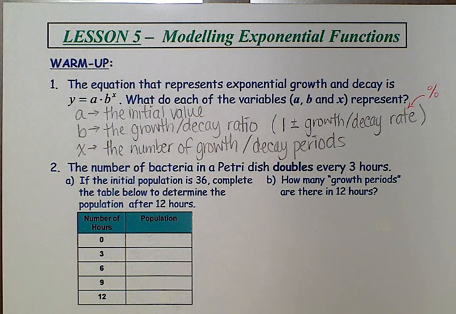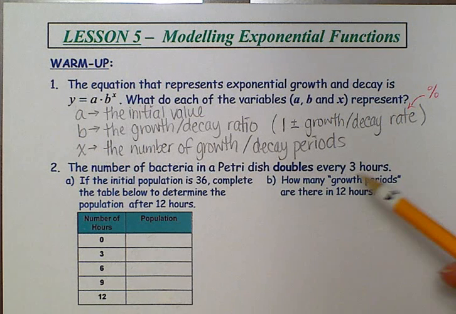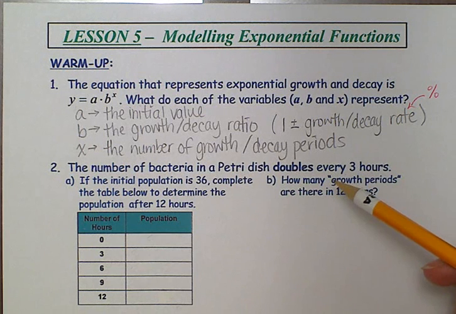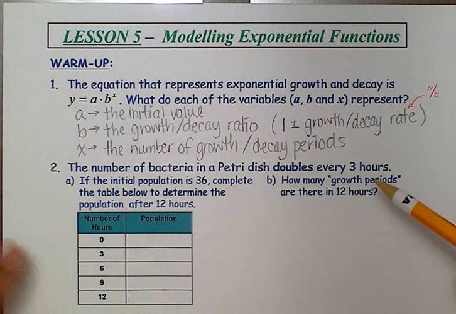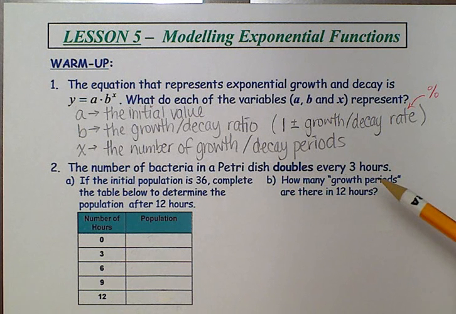Now if it's growing by a factor of 2, so it's doubling every 3 hours, then I can sit there and multiply by 2 every single time, which is essentially what I'm going to do to figure out how many bacteria there will be in 12 hours. That's the method I'm going to use right now. Eventually, we're going to look at writing a formula so that I don't have to keep multiplying by 2 every single time.